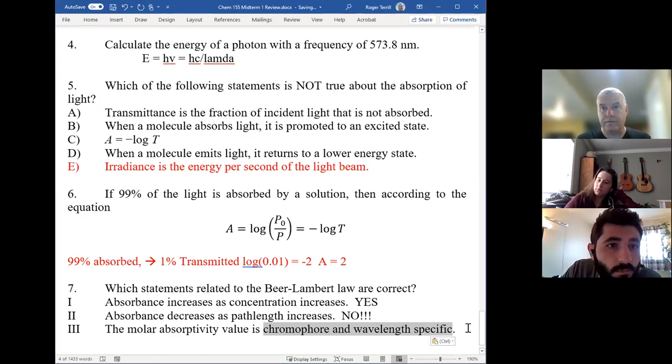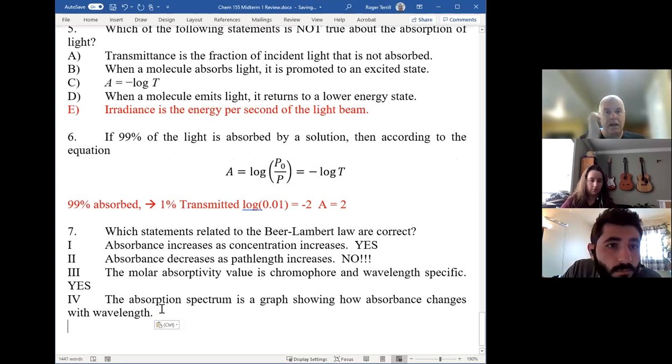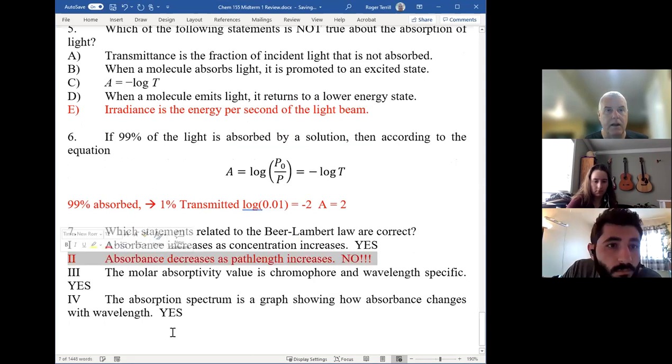And that is true. The absorption spectrum is a graph showing how absorbance changes with wavelength. Yes, that is true. So this one is the outlier there.